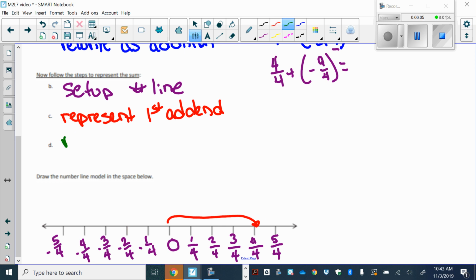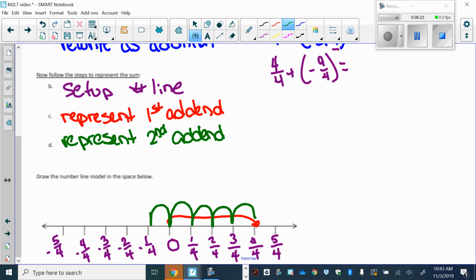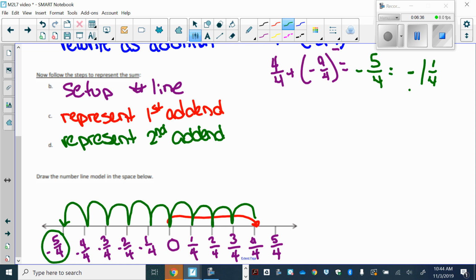Then I'm going to represent my second addend. Negative 9/4. So 1, 2, 3, 4, 5, 6, 7, 8, 9/4. So that works out to be negative 5/4, which is negative 1 and 1/4.